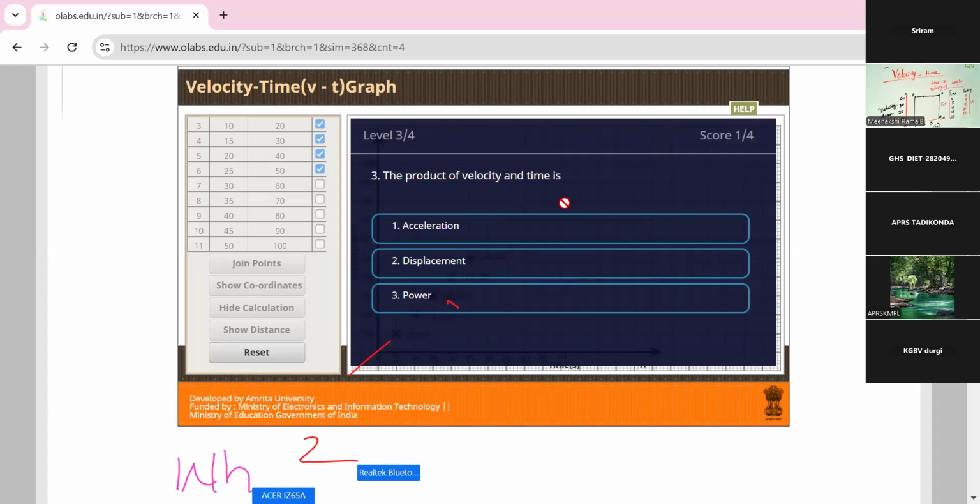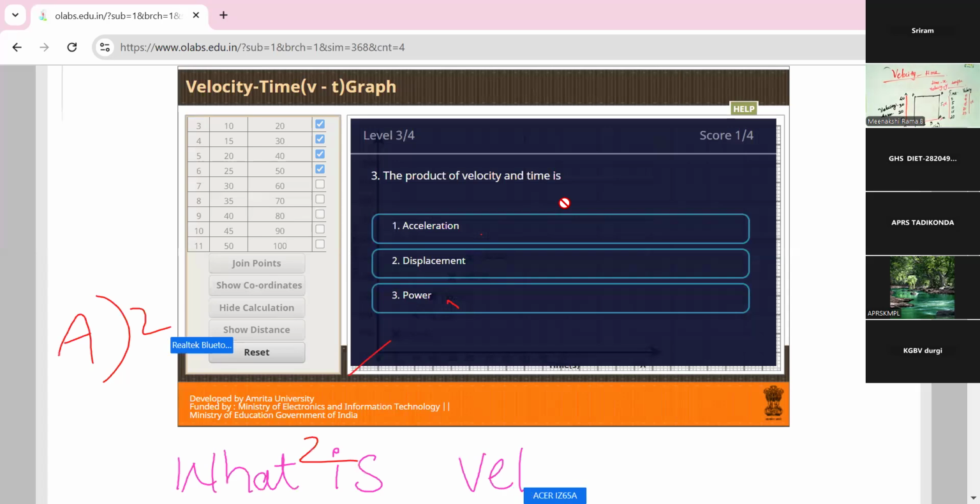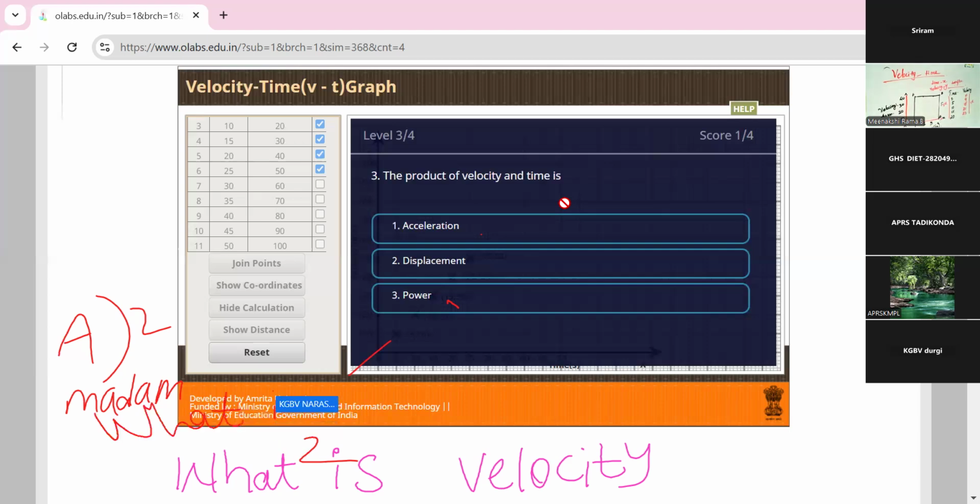The product of velocity and time is... What is velocity? Yes, good. Velocity is the rate of change of displacement. I already explained that in the last session.